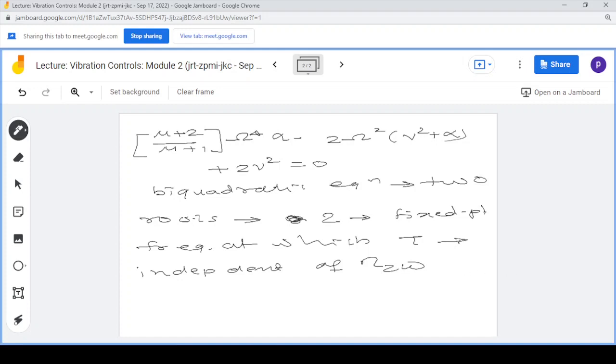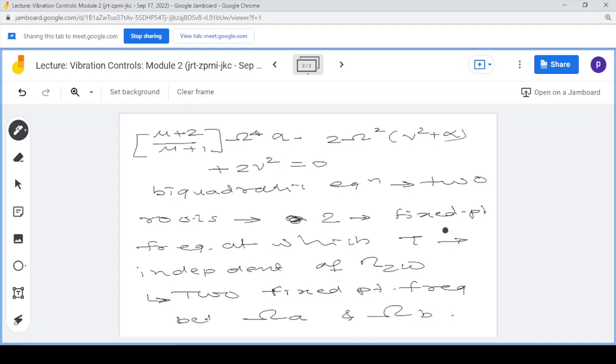Okay, so let us assume these two fixed point frequencies be omega a and omega b.